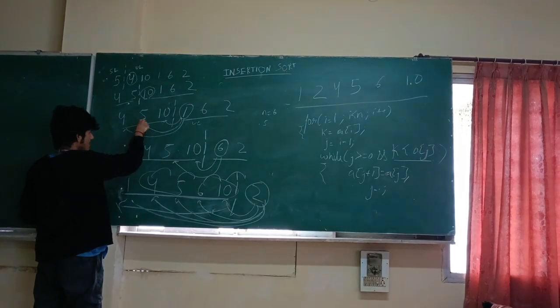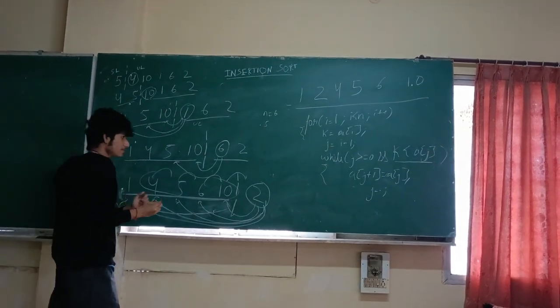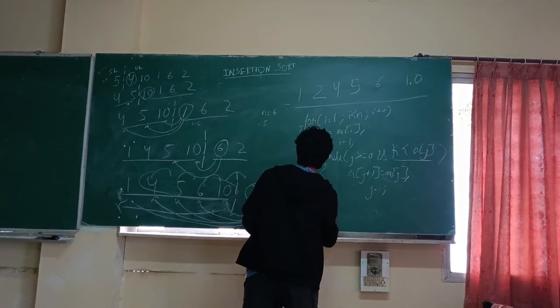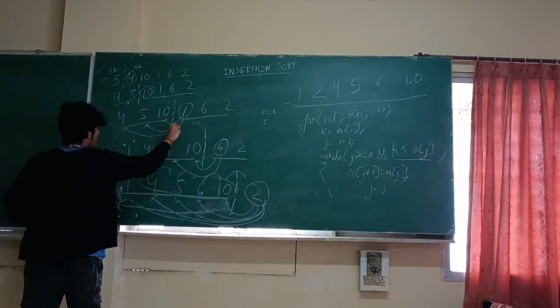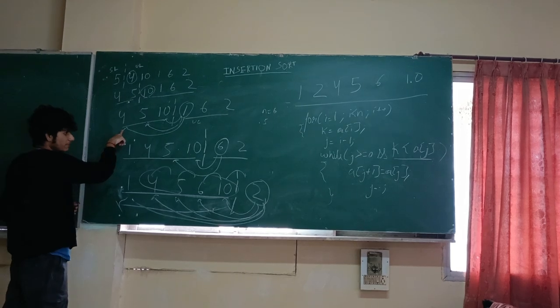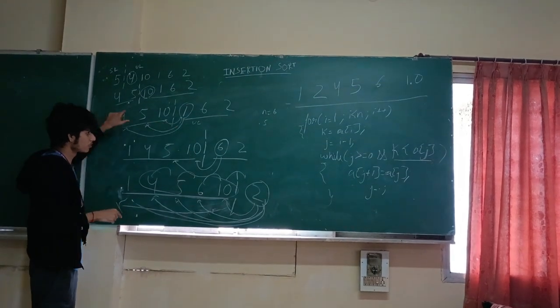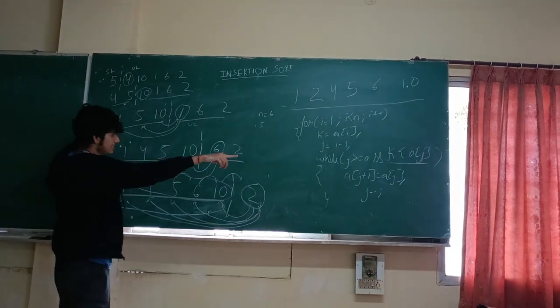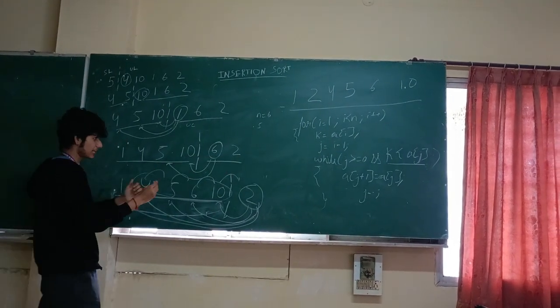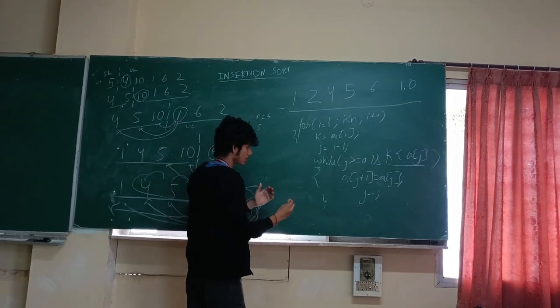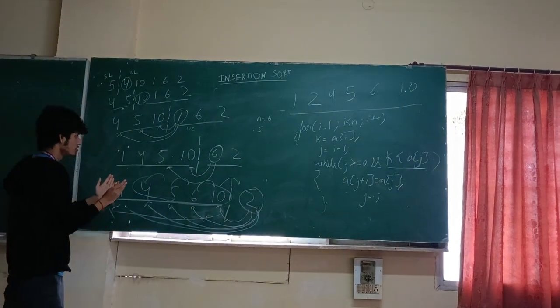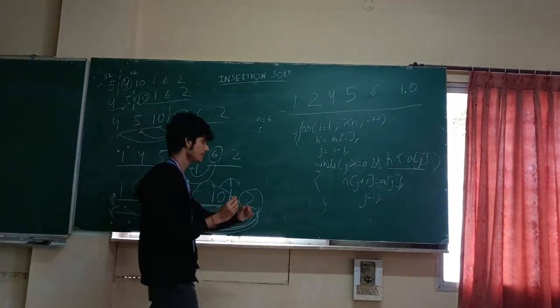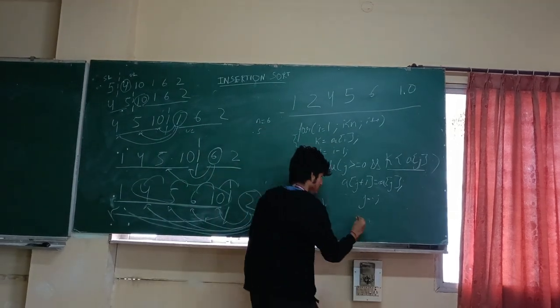Like that it will compare. And finally 1 will come to the position where there are no more indexes, j is less than or equal to 0, or the loop stops at that time, so the j value will be less than the original index value. So we have to add 1 and assign the key to it.